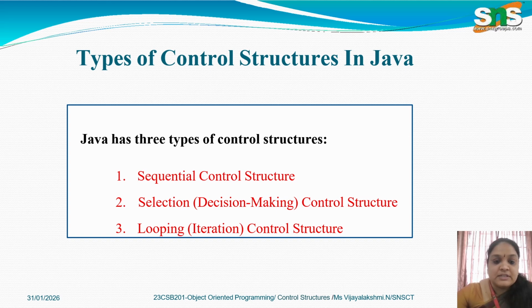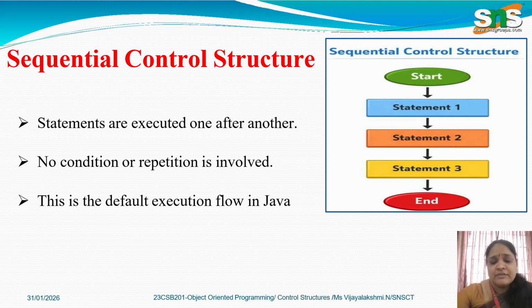So what is sequential control structure? Sequential means it will move to the next step automatically. You will start from the coding, and statement 1 will execute. Then it will move on to statement 2, then statement 3, and at last it will end the program here.